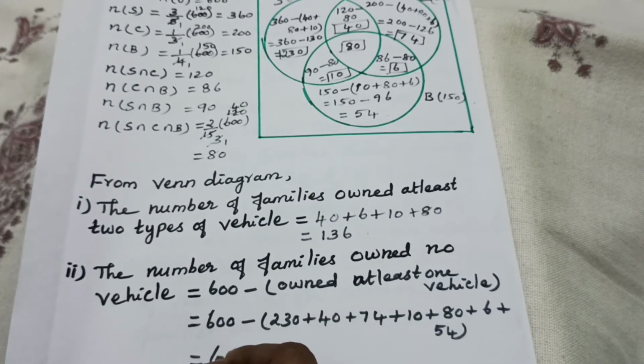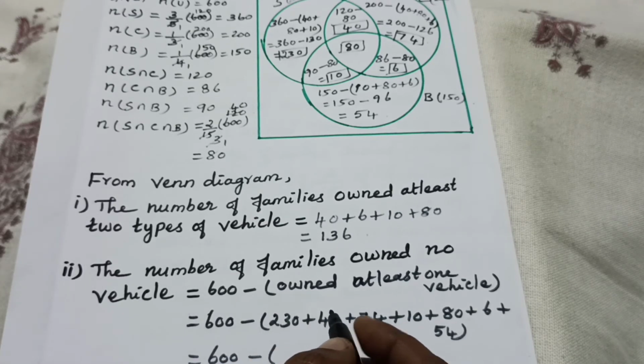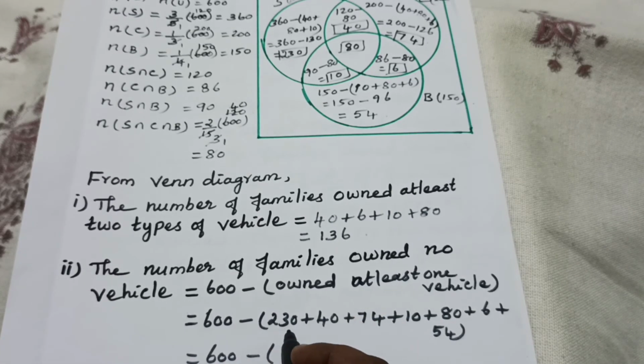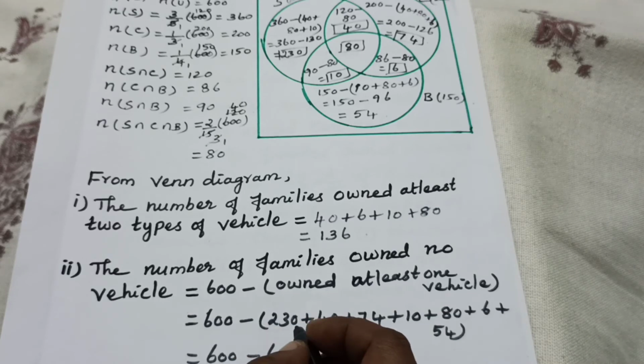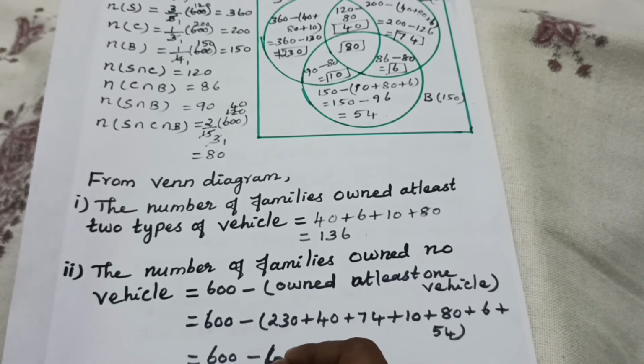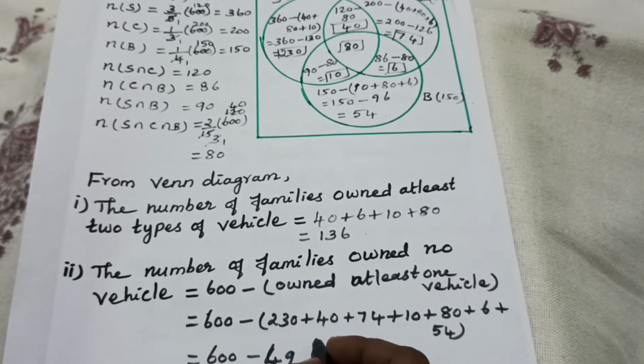Okay, then equal to 600 minus of this one we have to add. Okay, 240, this one added, then we will get the answer 494. Okay, 494 we will get.